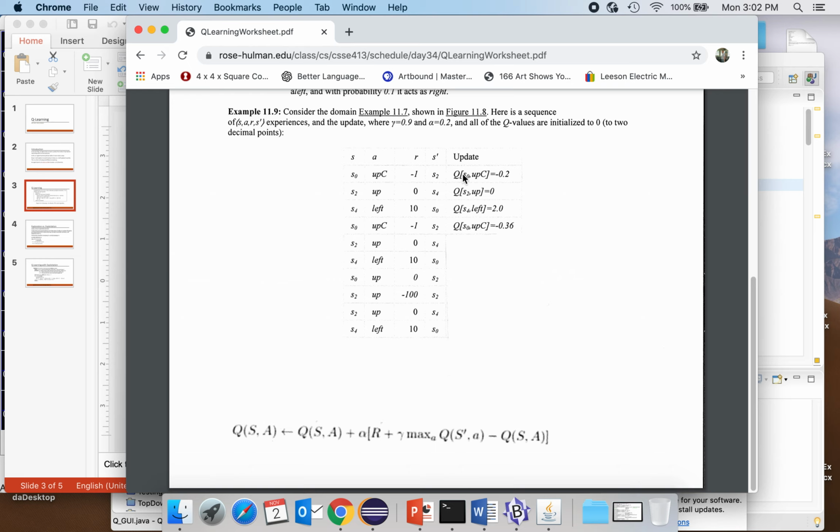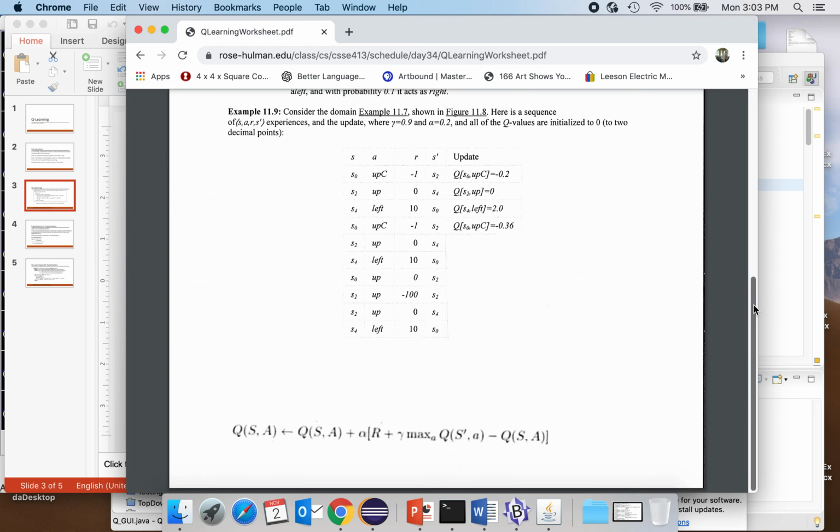It turns out that for S0 we only have one entry, which is negative, so we simply treat all the other ones, the other actions available, all 4 of them, as 0 since they're empty. So that's why we take the 0 over here, even though we have a value, -0.2, because it's negative, we pick any of the other ones that have no values, which we treat as 0. So that's how that one came in.